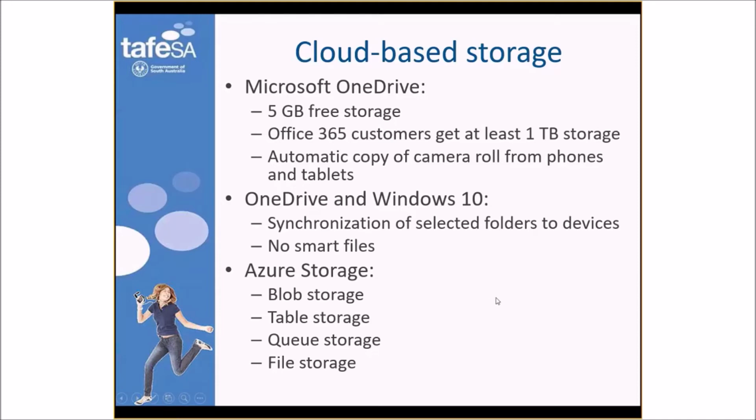What if I've got an organization and I want to use it as my backup, or even just a central repository for all of my files, so it's actually in the cloud everywhere? Besides just having individual OneDrives, we can have blob storage, table storage, queue storage, and file storage for organizations. We can also use Azure for our virtual machines. So Azure has many levels.